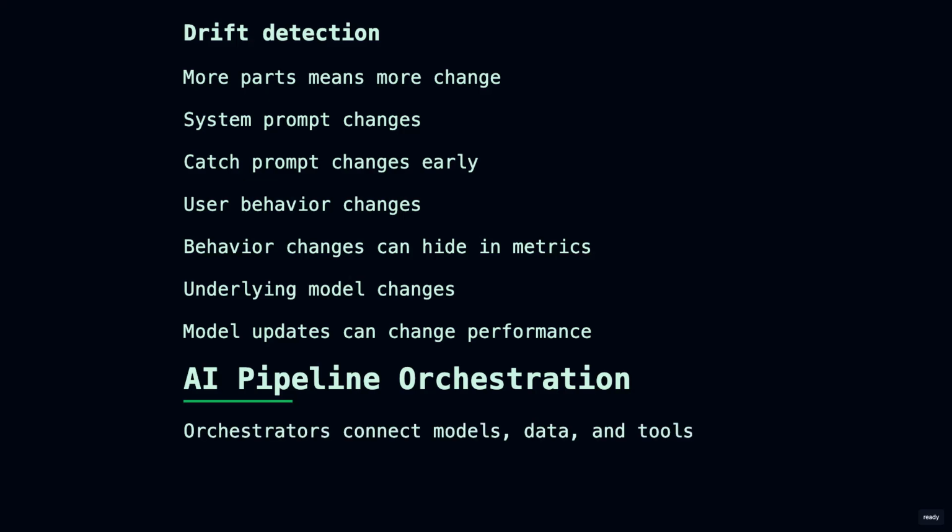As AI applications grow, they often combine several models, database lookups, and external tools. An orchestrator defines how those pieces interact, so the whole system behaves like a single pipeline instead of a collection of separate parts.